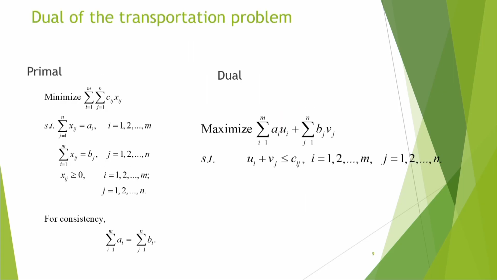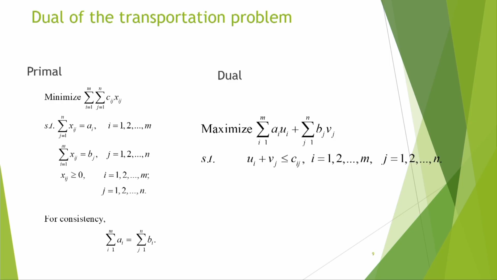Now let us discuss that if it is a linear programming problem, then we can write a dual of this transportation problem also. Suppose this is the primal: minimize this much, such that the sum over j from 1 to n of xij is equal to ai, i from 1 to m, and the sum over i of xij is equal to bj, j from 1 to n, xij greater or equal to 0, and these things are given.